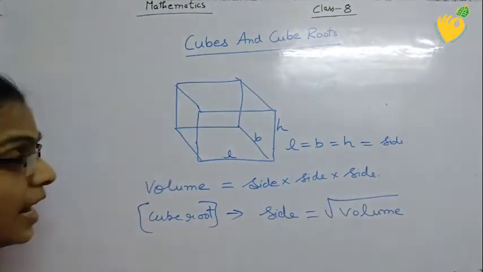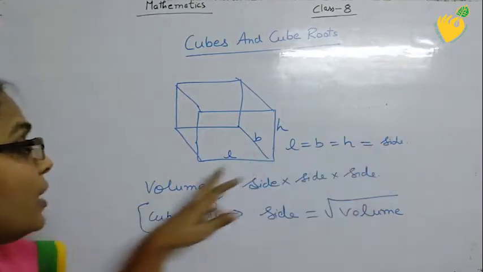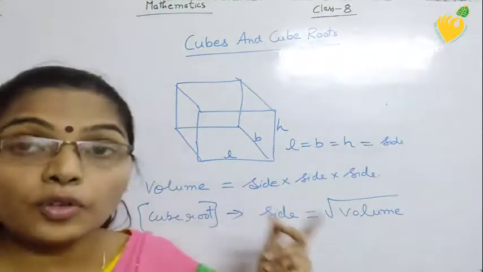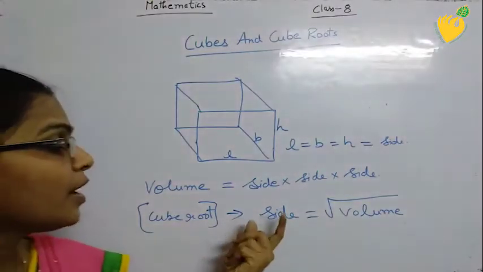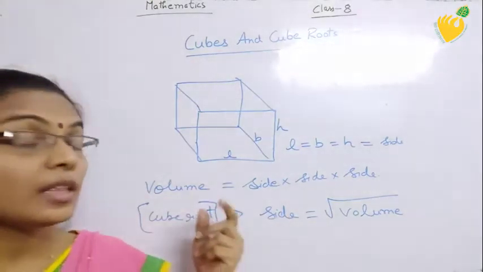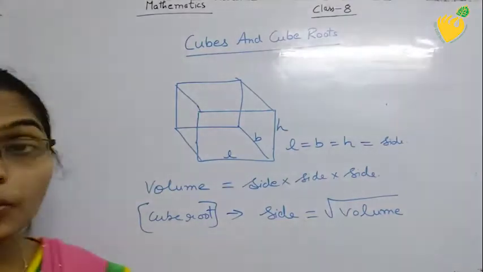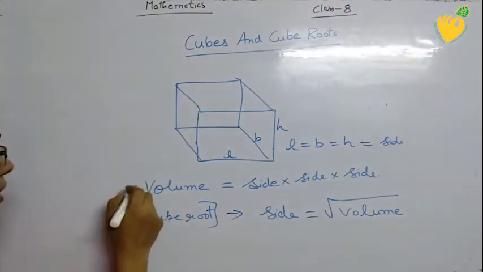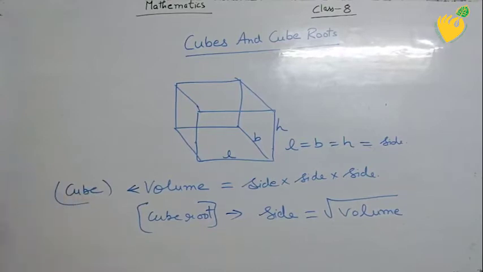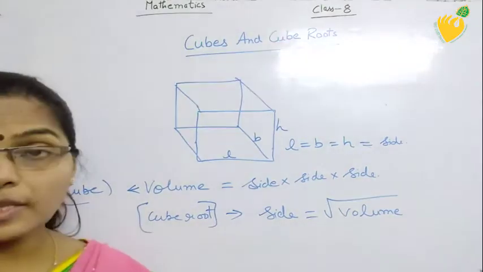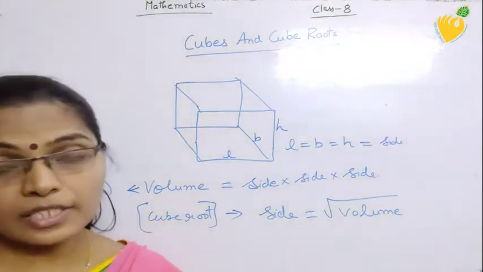If a side has been given to you, you can find the volume by using the concept of cube. And if the volume has been given to you, then you can find the side of that cube by finding its cube root. This we can find by finding the cube of any number. So using these two concepts, I am going to start the chapter.